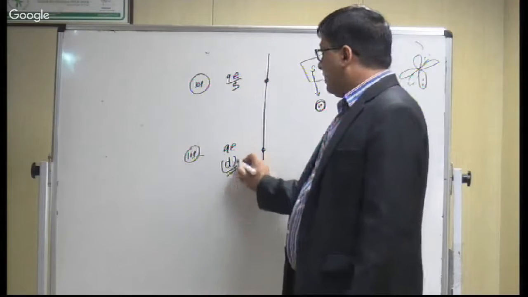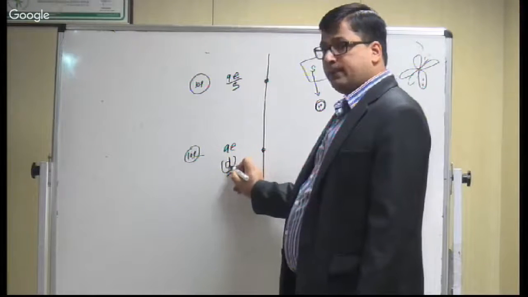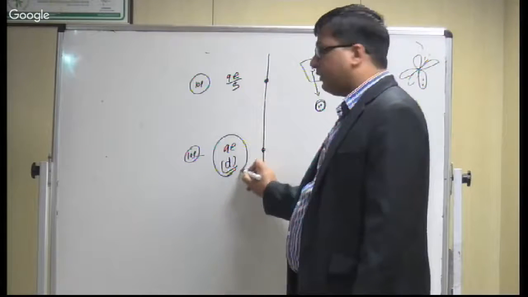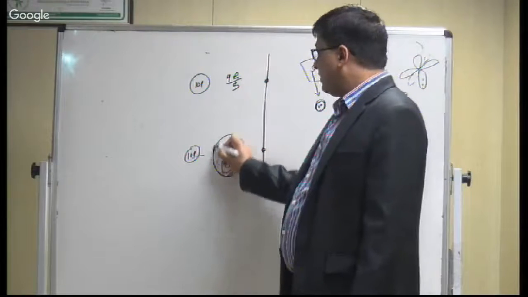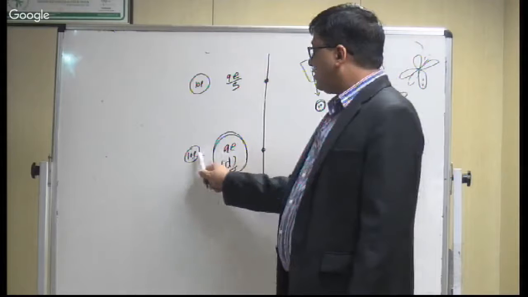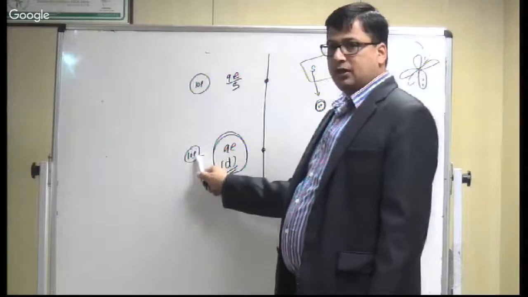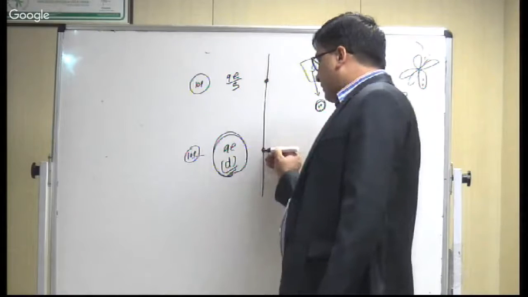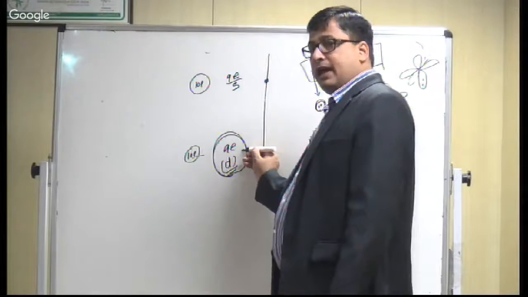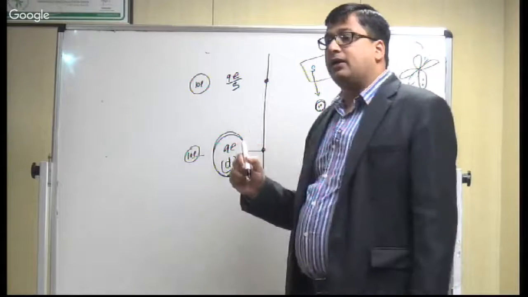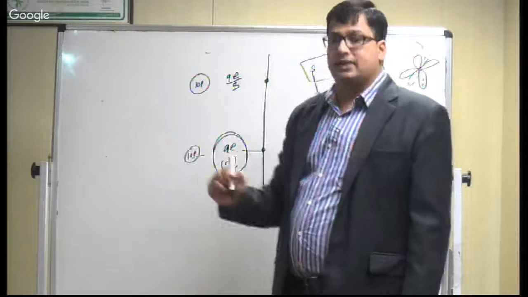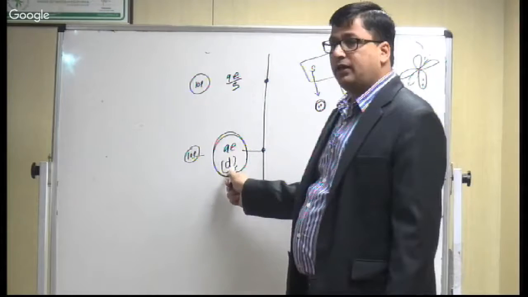We know that 2 electrons are present in the 4 lobes, so the electron density in the d orbital is very low. If the electron density is very low, it is unable to shield this nuclear charge, due to which this nucleus attracts this electron towards itself, and the atomic radii unexpectedly decreases. This is what we call poor shielding effect.